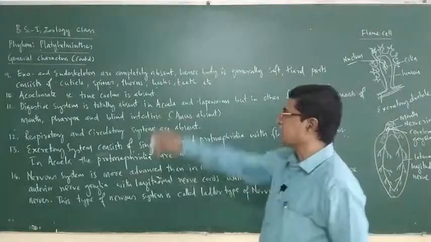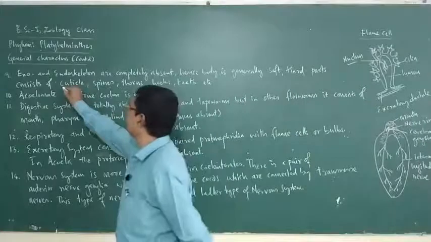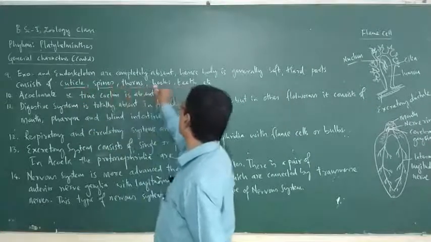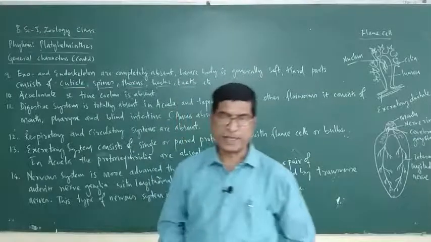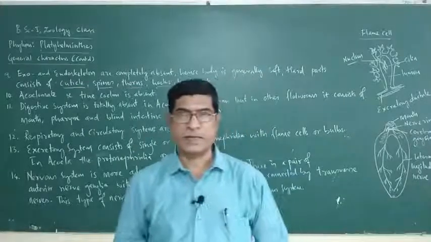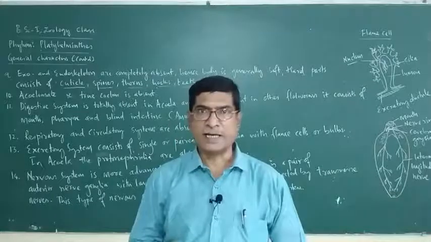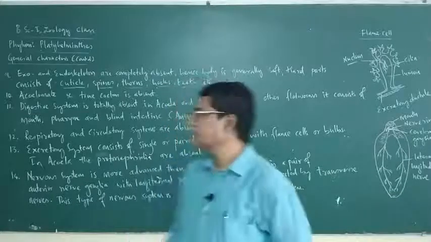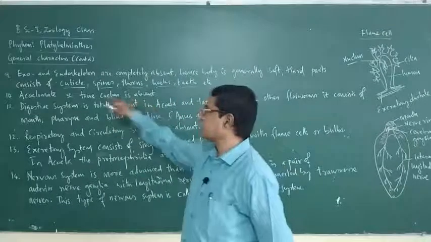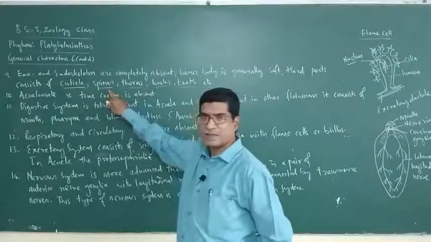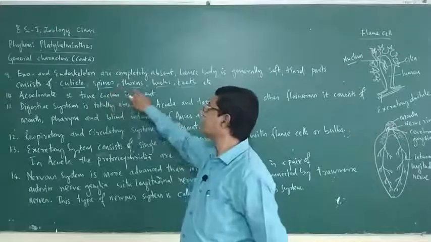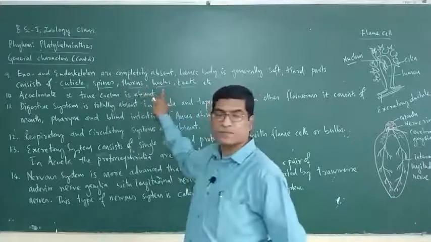Hard parts consist of cuticle, spines, thorns, hooks, teeth, etc. If at all they have any hard structures, they are nothing but these structures: cuticle, spines, thorns, hooks.